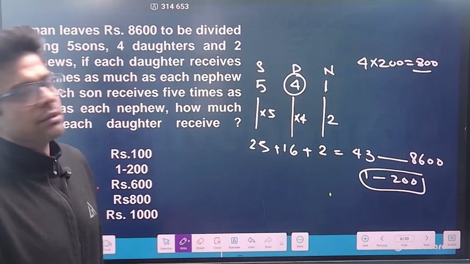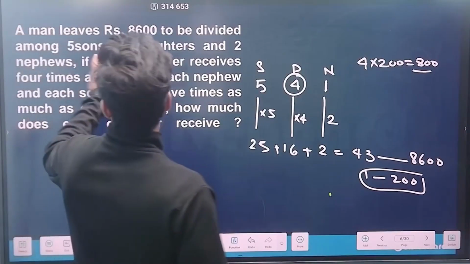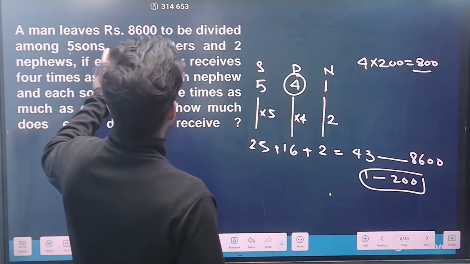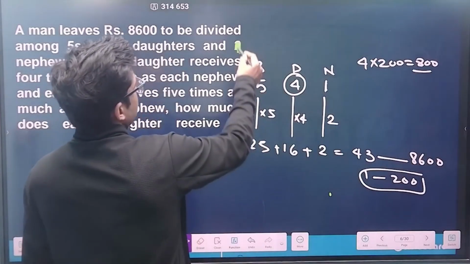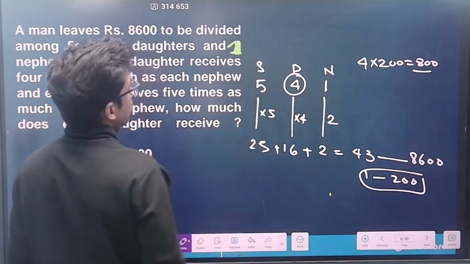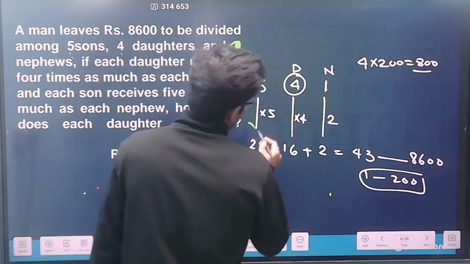Always remember, the ratio would be 5 son, 4 daughter and 1 nephew. This has a printing mistake; this would be 1. Then only this question can be made. I hope this is clear now.